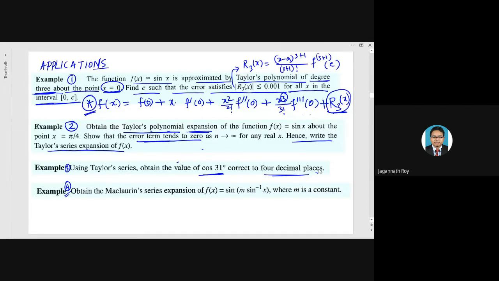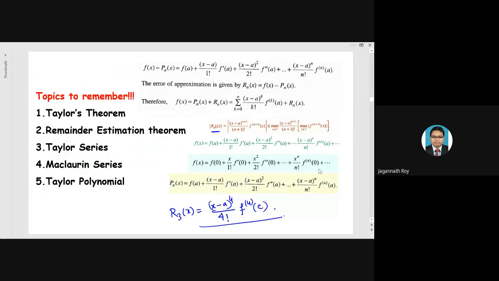First, the topics that we need to remember here. The first one is Taylor's theorem. Taylor's theorem says f(x) can be approximated by a polynomial of degree n, written in this form. Then the remainder estimation formula gives the error: how much error can there be between the two functions?